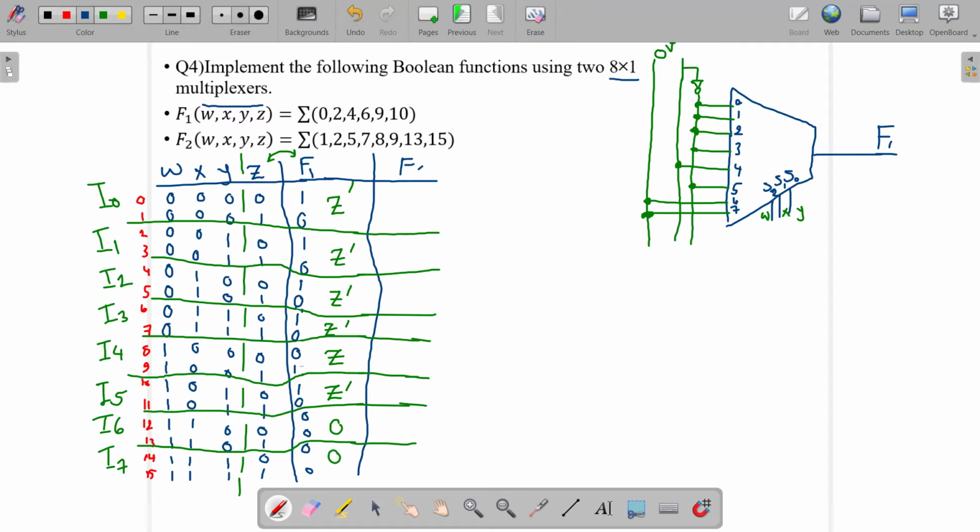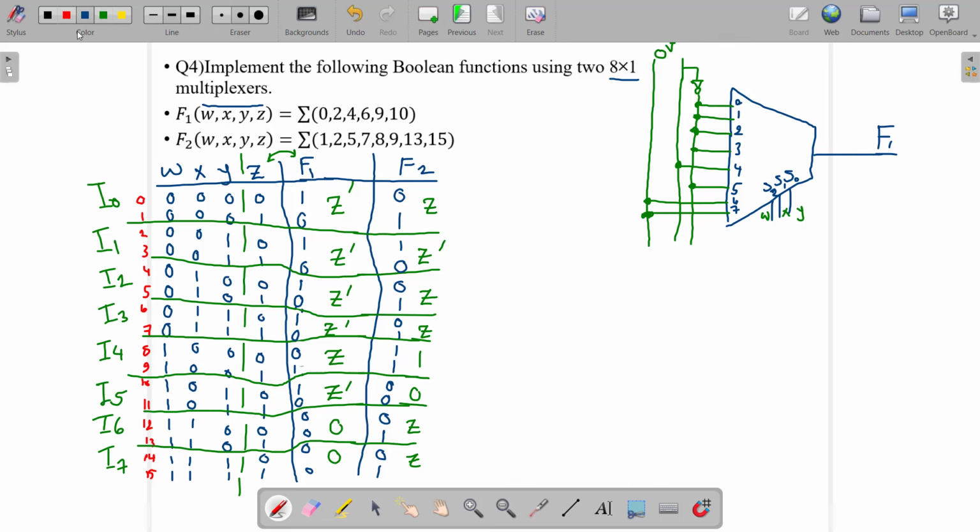For F2, everywhere we have the minterm, we write 1, the rest is equal to 0, in this form that I want to fill this table. Now again, if I want to compare this F2 with the Z, here we will have Z, here we will have Z prime, here we will have Z, also here we have Z, here we have 1, 0, Z, and also Z.